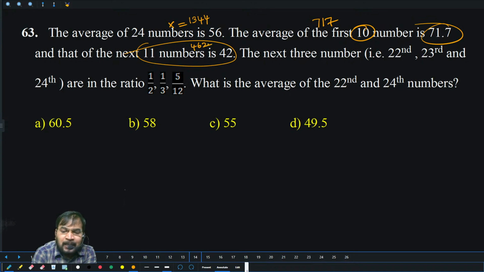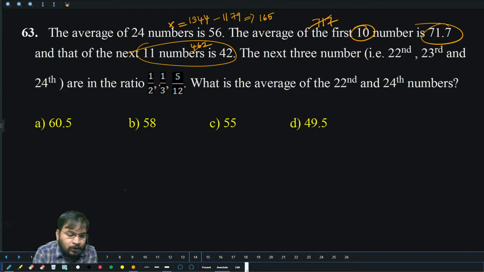Now subtract: 462 and 717 together is 1179. The difference? To reach 1200 it needs 21 more, so 21 plus 144, 165.